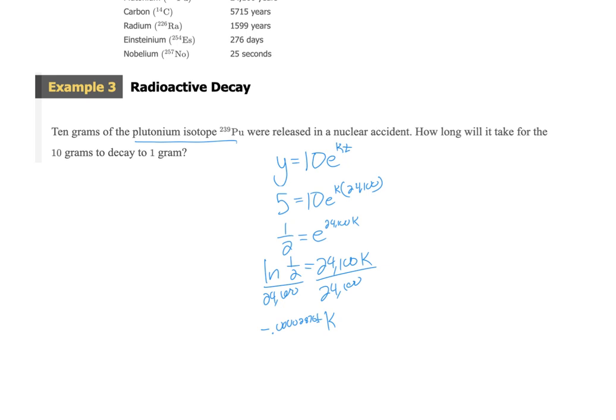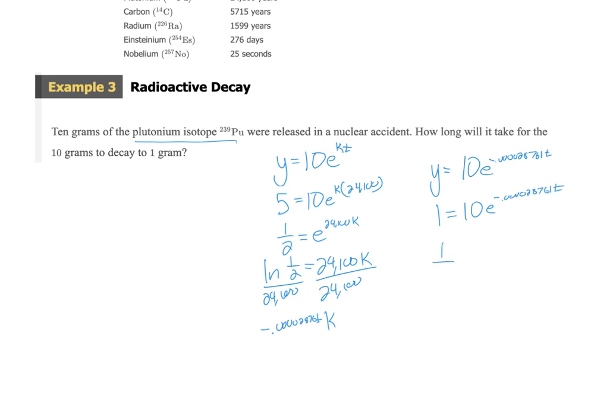So this is modeled y equals 10 e to the negative 0.000286761 t. So now it asks us to solve for 1 gram. So when will there be 1 gram left? So we substitute in 1, and we're going to solve for t.